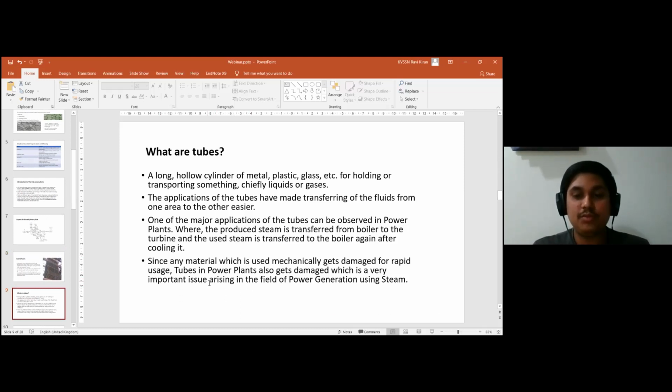So here we are going to talk about the tubes that are being used for high temperature applications, which generally deal with steam or boiler water at high temperatures, etc.